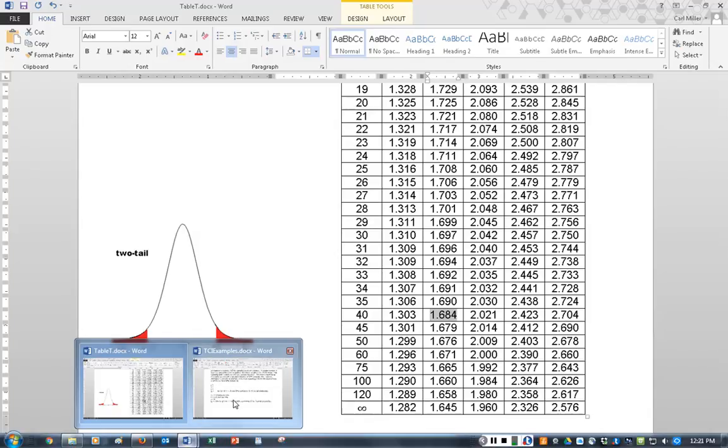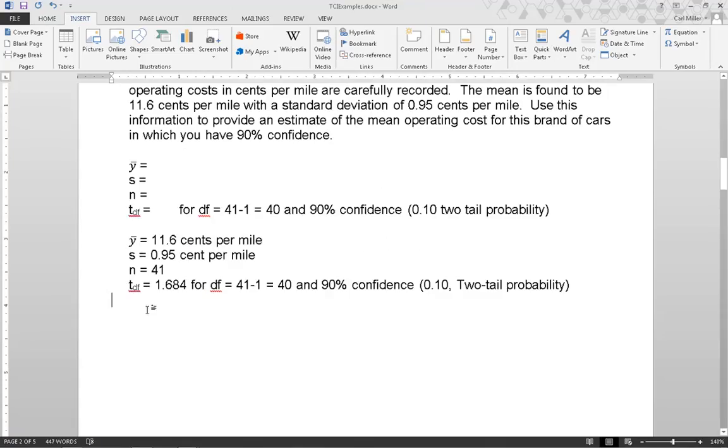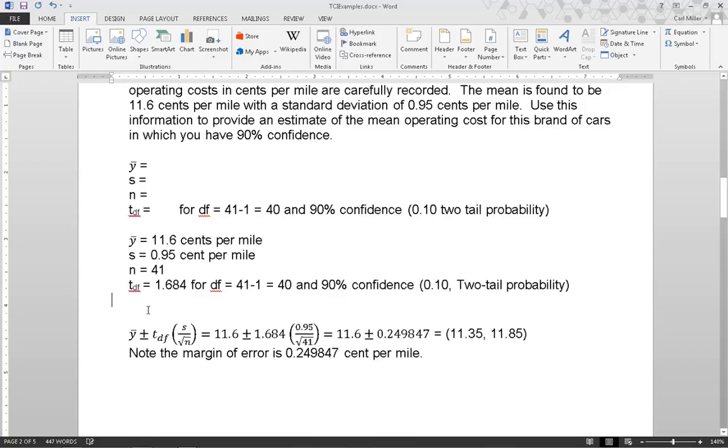Okay, back to our example. So what would come next? Writing the formula and plugging in your values.